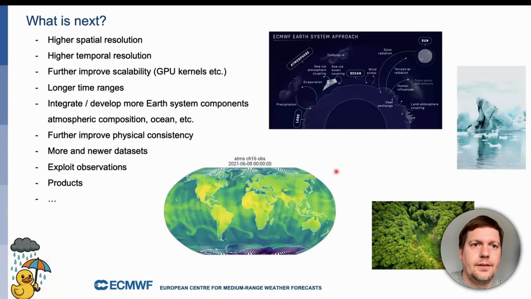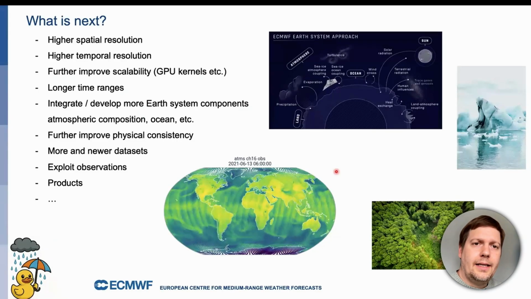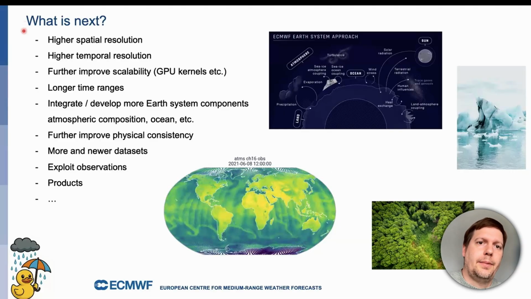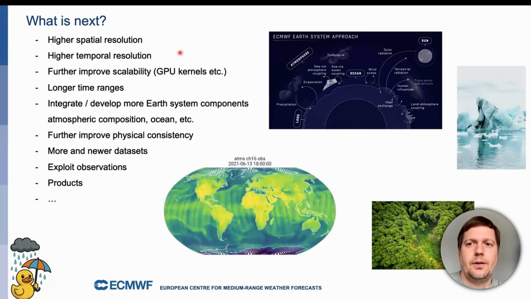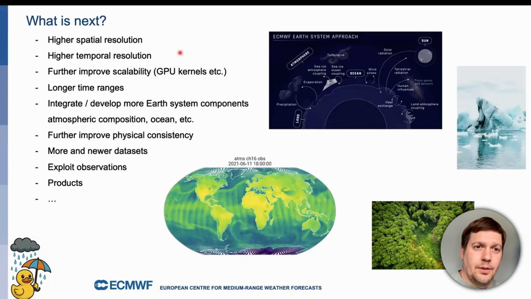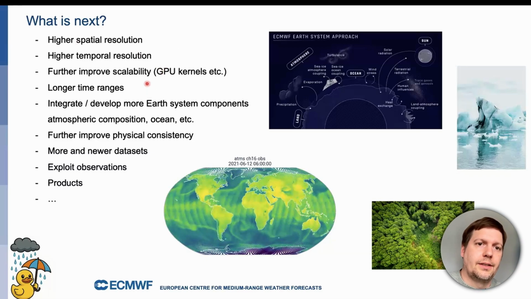That's the last slide for me. So the question is, what's next? For these systems, we want to go to higher spatial resolution and higher temporal resolution. That's still quite a difference to our physics-based model, which produces many more output variables at higher spatial and temporal resolution. For that, we also anticipate we have to improve the scalability of our machine learning systems.